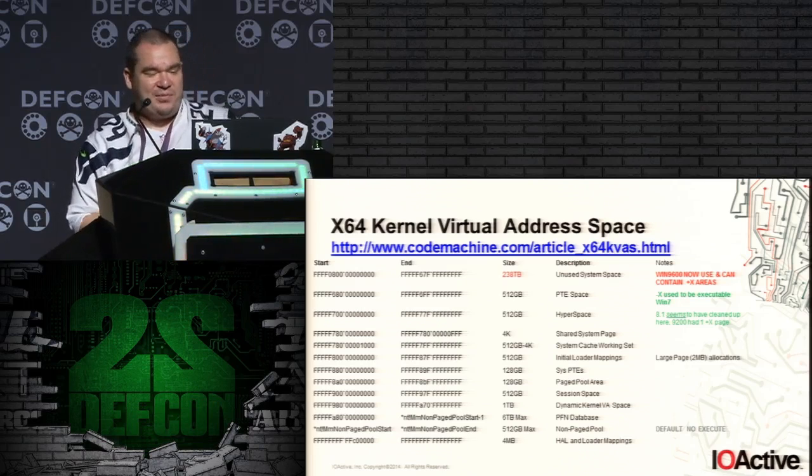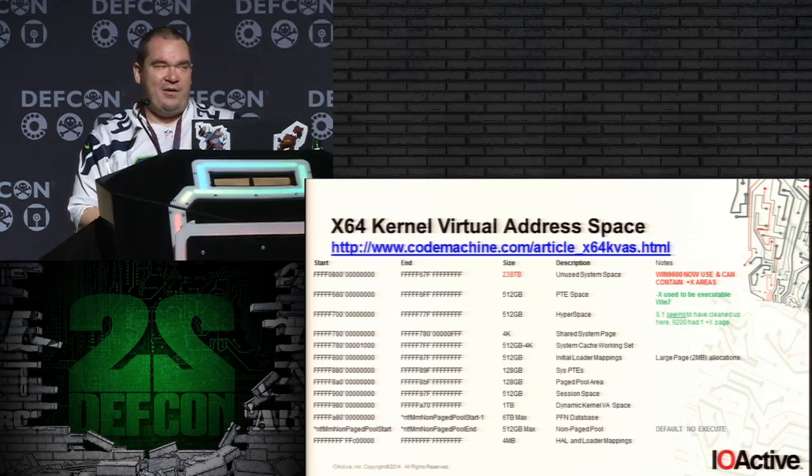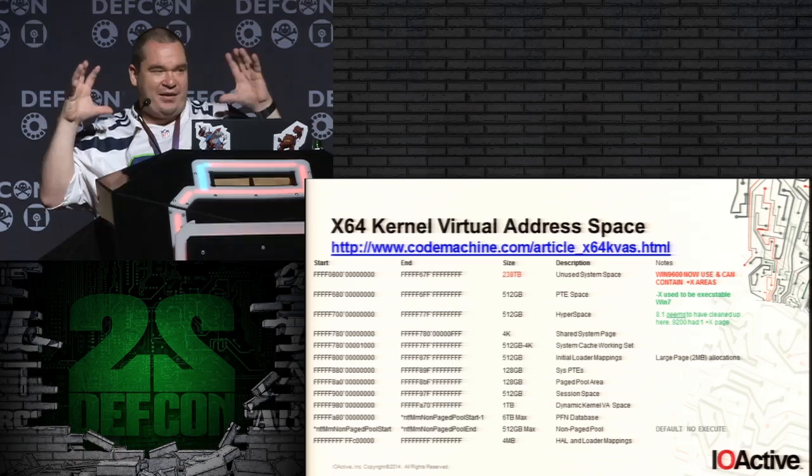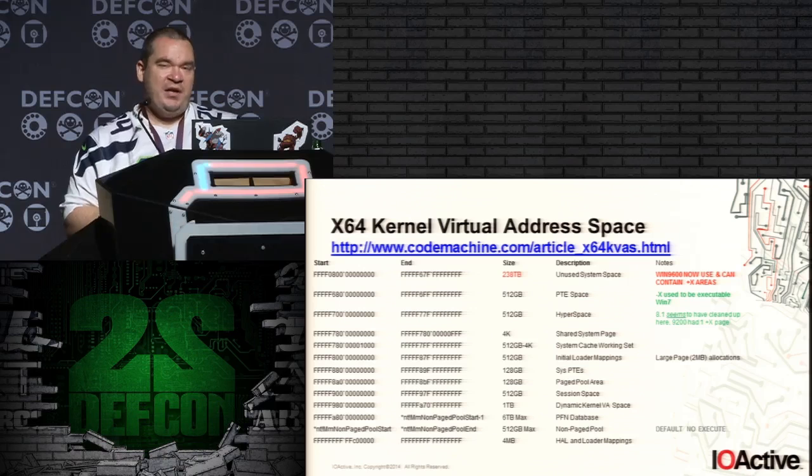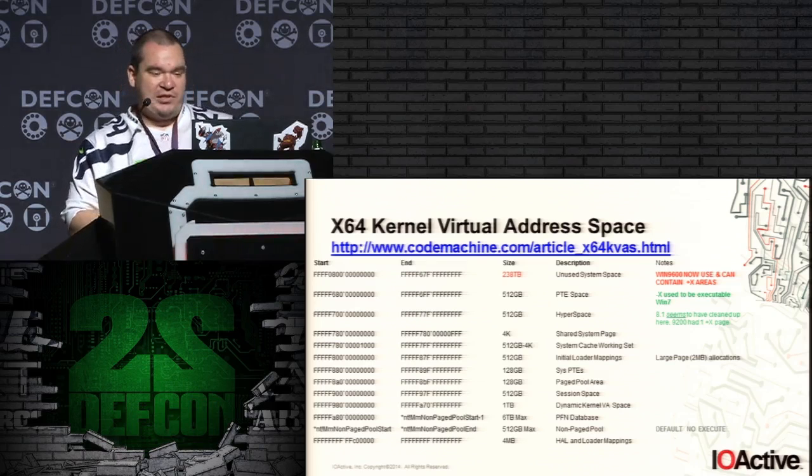Hyperspace is now non-executable. Microsoft has been doing a good job at reducing the surface area of what's executable in kernel space. Other people talk about signed drivers, and Joanna had that one attack where she injected code into the hibernation file and things like that. That was really awesome.